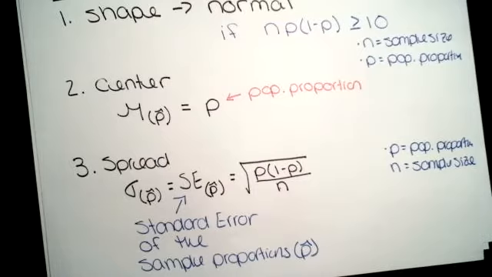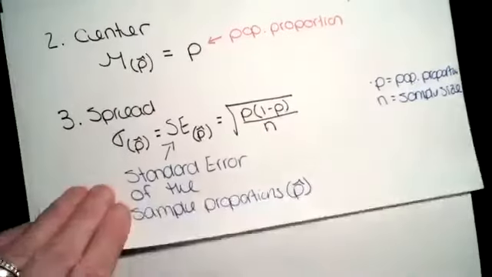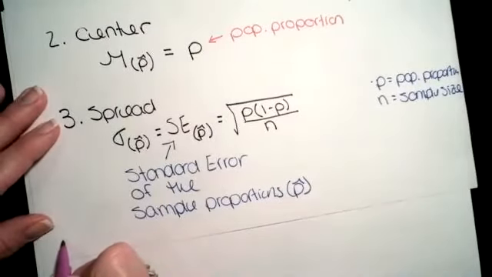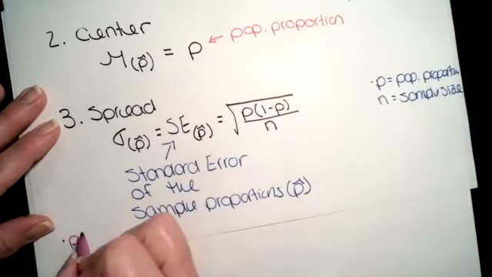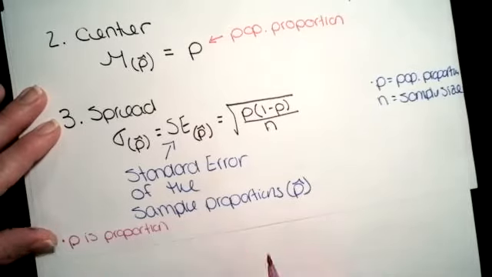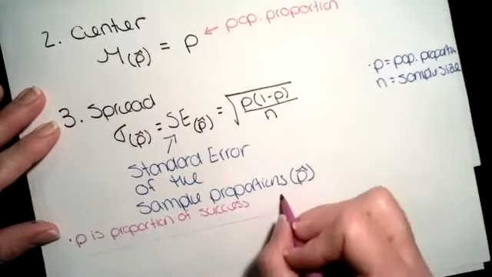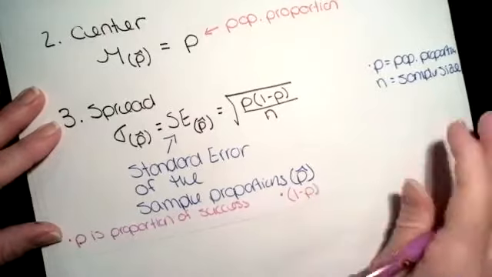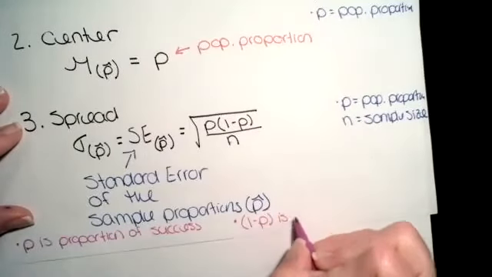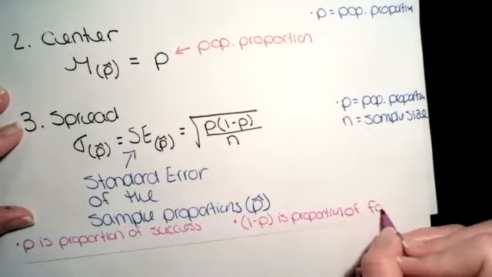What I want to mention is what P and 1 minus P stand for. We already talked about P being the population proportion, but out of successes and failures, I'm going to make a little note down here at the bottom that P is the proportion or the probability of successes, and 1 minus P is the proportion or probability of failures.